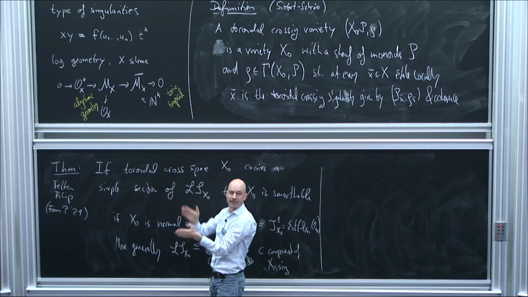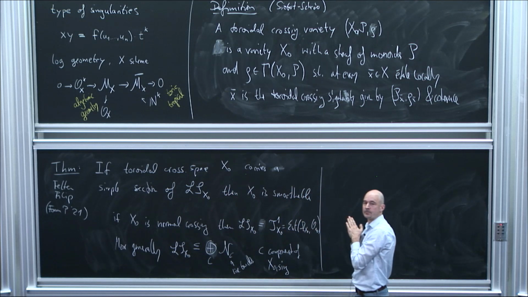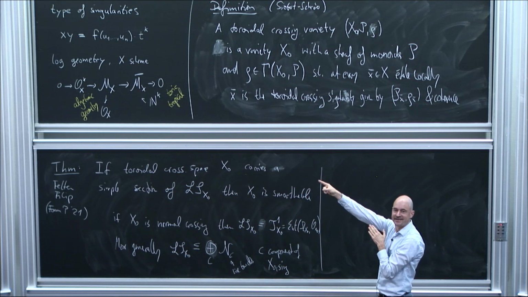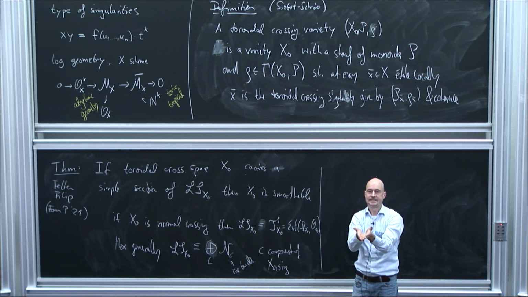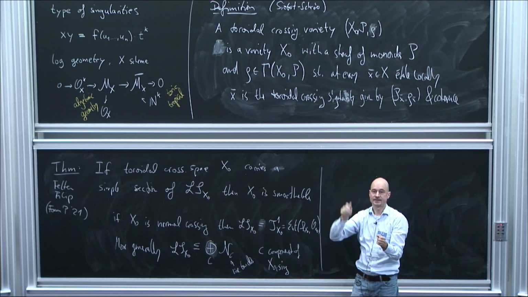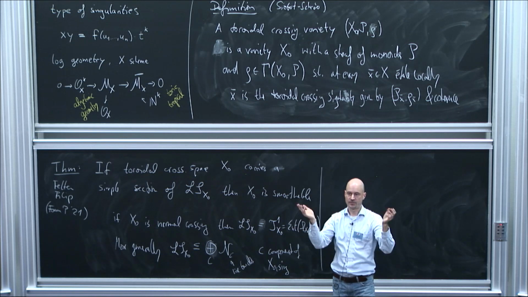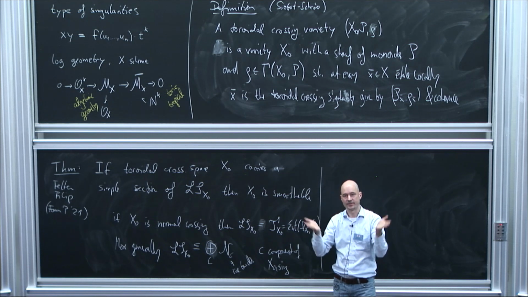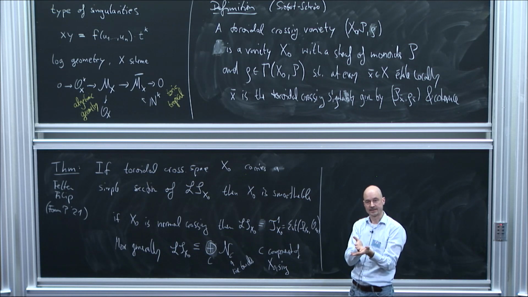But I thought that you allow arbitrary toric singularity. Yes, on the left-hand side. You have arbitrary toric singularities, and they take that toric singularity with product with some smooth space, because the toric singularities give you how the components meet each other. That's controlled by a toroidal crossing singularity.